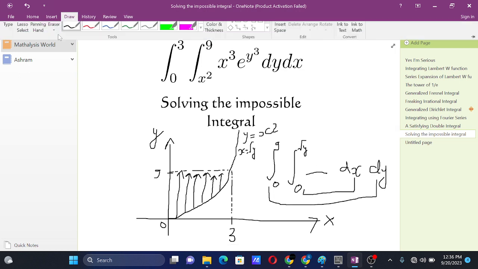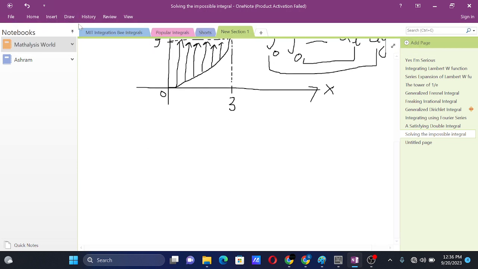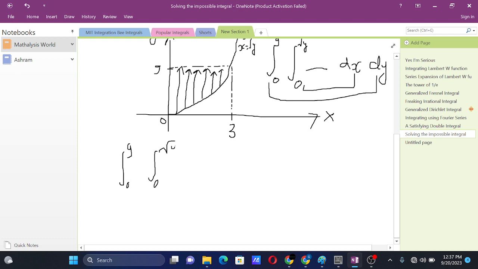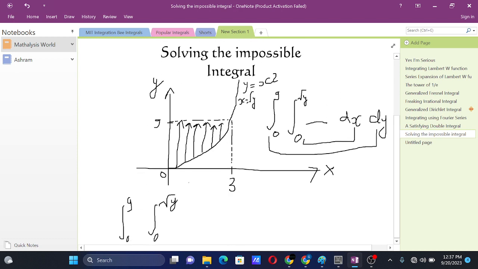Now let's try the integral. The integral from 0 to 9 in the y world, 0 to root y in the x world, of x cubed e to the power y cubed dx dy.